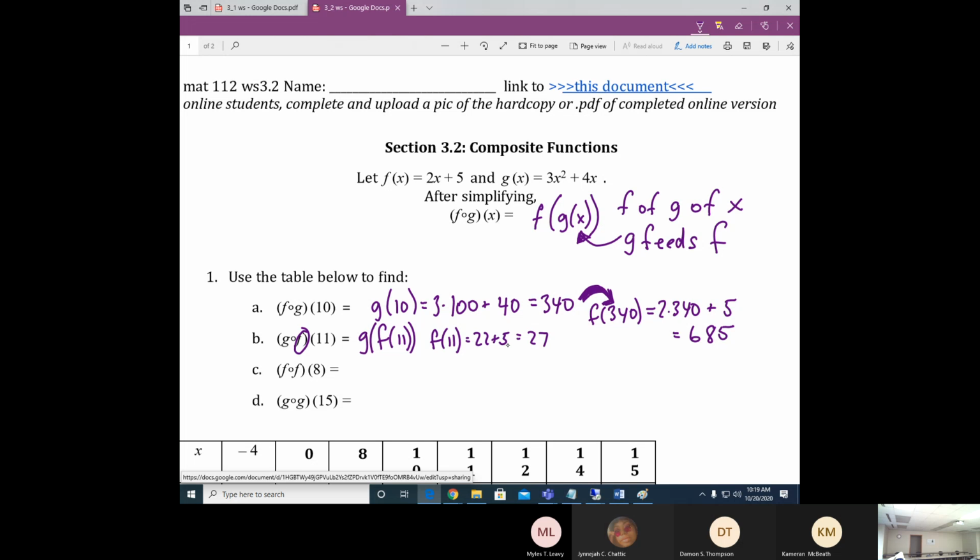Now, I might need my calculator here. I need to figure out 3 times 27 squared plus 4x. So G of 27 equals 3 times 27 squared plus 4 times 27. And I've got to go to my calculator.